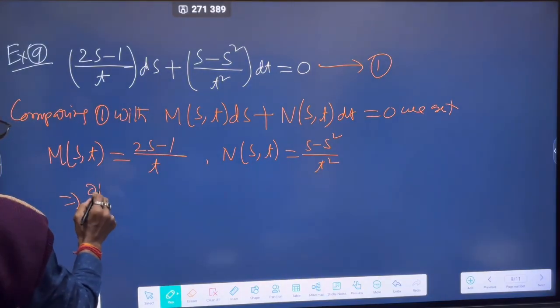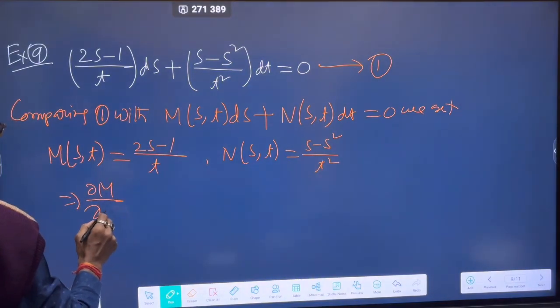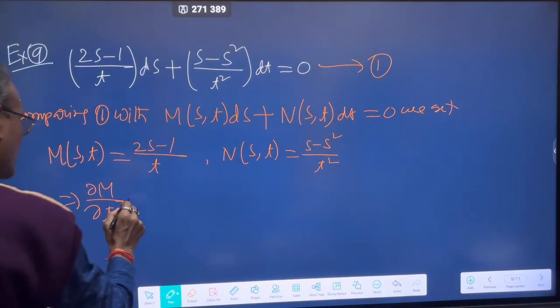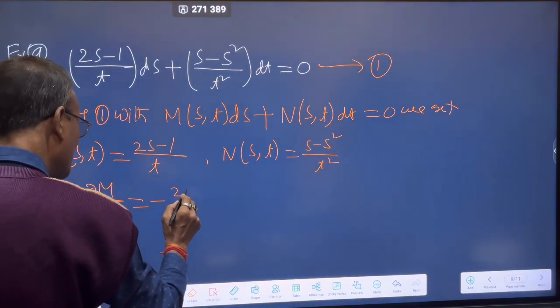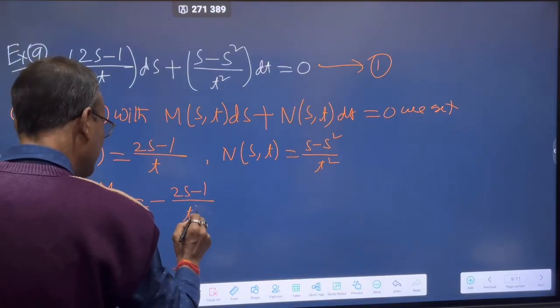This means del m by del t will be equal to minus twice s minus 1 divided by t square.